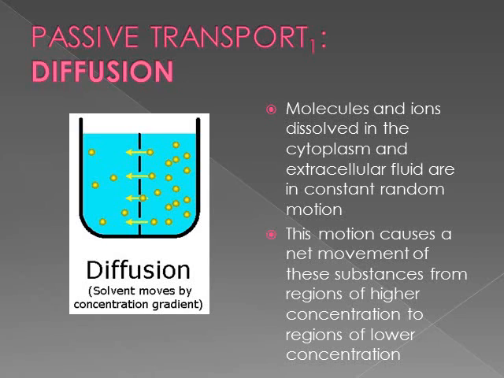Generally what will happen is that the molecule, the ion, whatever it is, will move from an area of high concentration to an area of low concentration until both sides are equal, so equilibrium is reached. When we're talking about diffusion, we're generally not talking about water. We're usually talking about some other substance that's being moved in the cell.